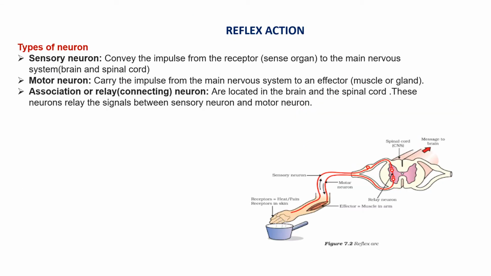Now let's see the reflex action. Before we learn about reflex action, let's see what the different types of neurons involved in it are. What do you mean by reflex action? A reflex action is an automatic and rapid response to a stimulus. You don't have to think.